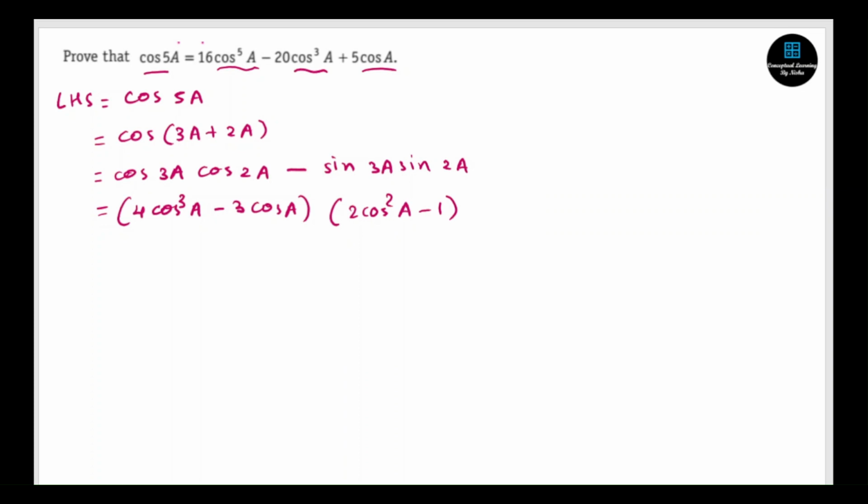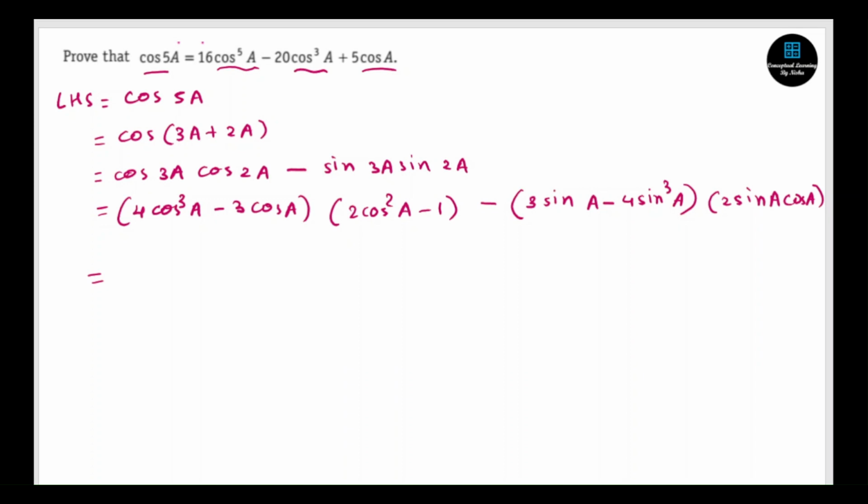So this is what I was talking about. Now minus sin 3a. So sin 3a is what? 3 sin a minus 4 sin cube a, and then sin 2a is what? 2 sin a cos a. So you have to mention which formula you are using. Okay, so mention that. I am not doing it here.